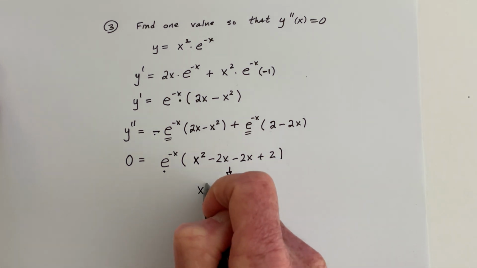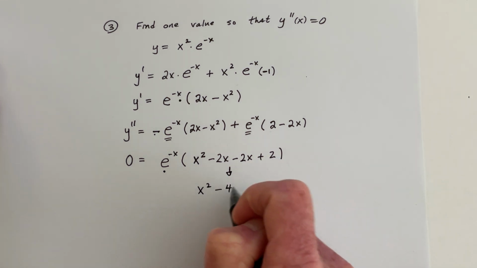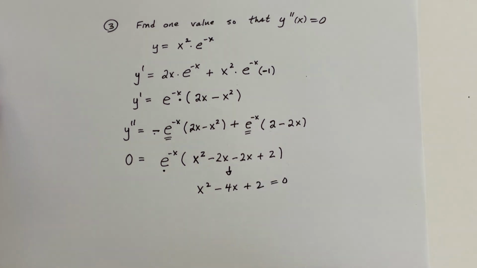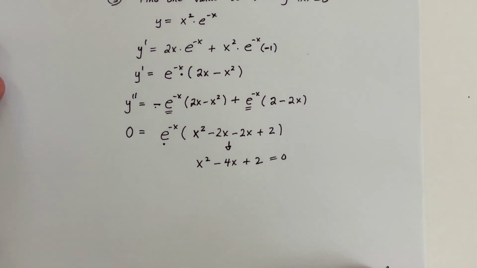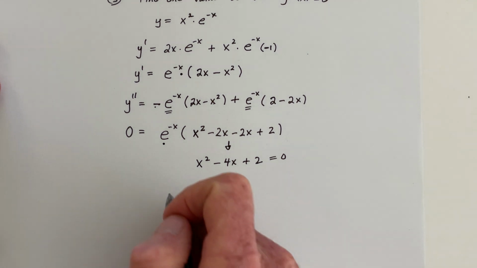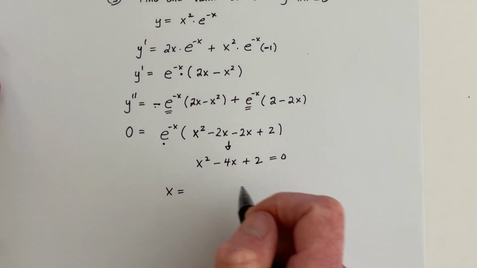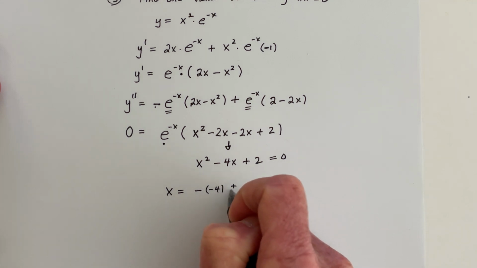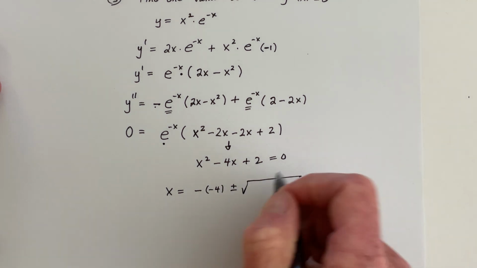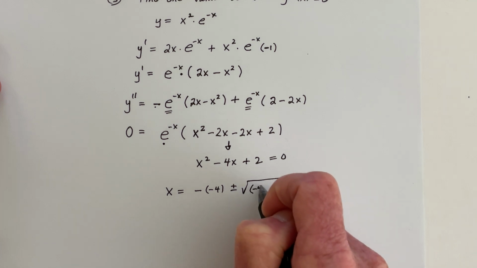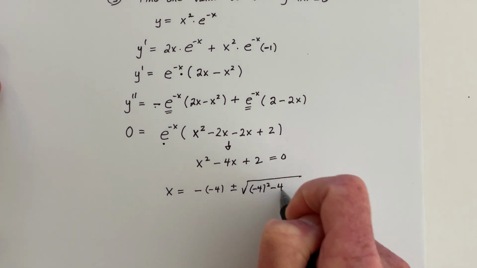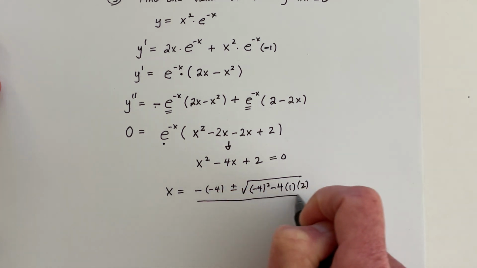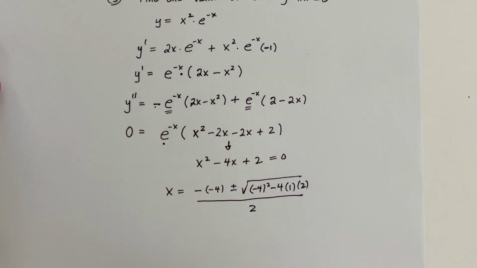So that means I've got x squared minus 4x plus 2. When does that equal 0? And you're right, we need to use the quadratic formula. So that's going to go negative b plus or minus the square root. The b gets squared minus 4 times a times c, all divided by 2 times a.